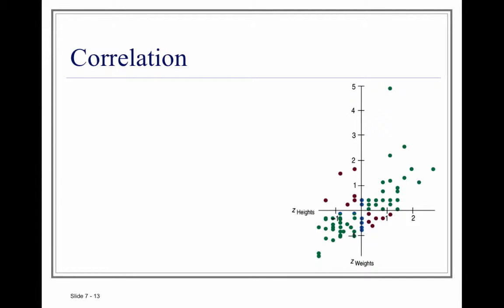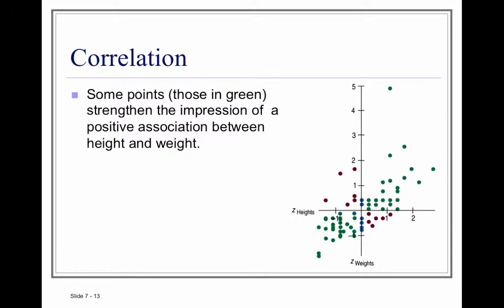Continuing with correlation, the scatter plot now has green, red, and blue dots. So our correlation will measure the strength as well as the direction. So when we standardize our data values, we can see which points give a positive association, and those would be the points in green.